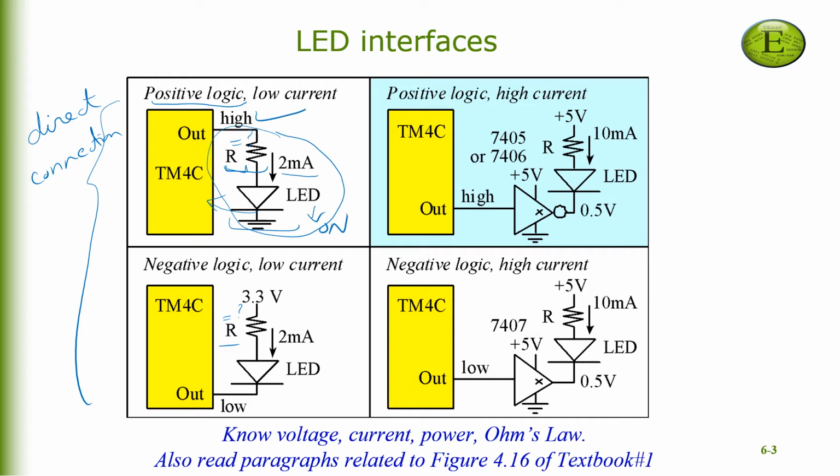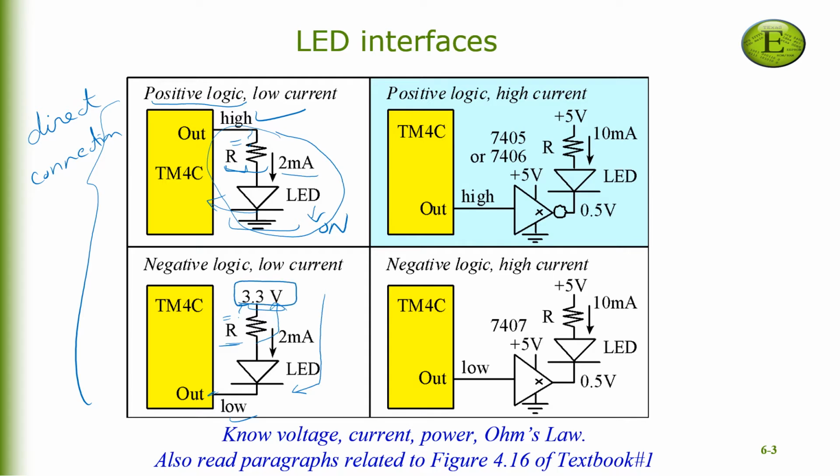And if we want to turn the LED on when the output is low, then we may wish to modify our circuit slightly. So in this case, the positive supply voltage 3.3 volts is connected to the resistance, which in turn is connected to the LED, whose other terminal is connected to the microcontroller port pin. So that when the output goes low, the cathode of the LED is connected to the low voltage, and the anode is connected to the high voltage 3.3 volts over here.